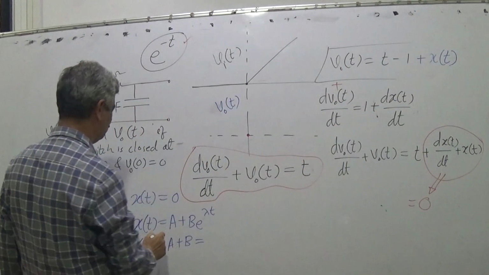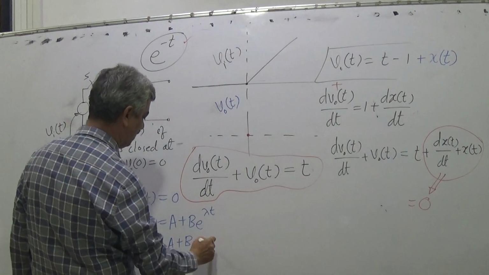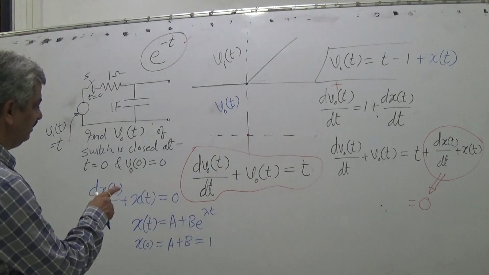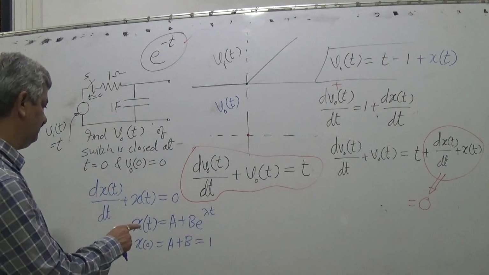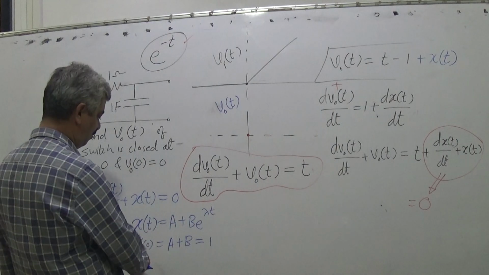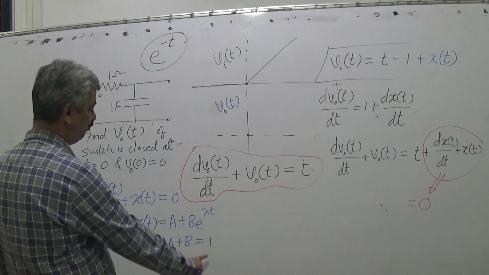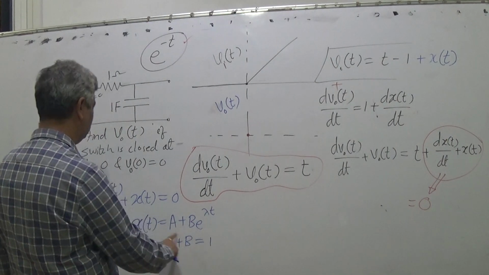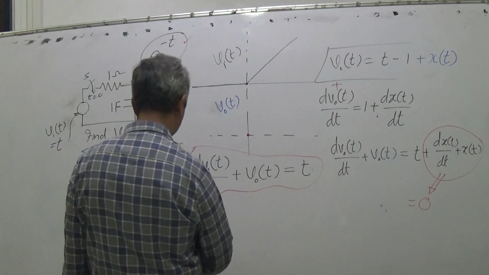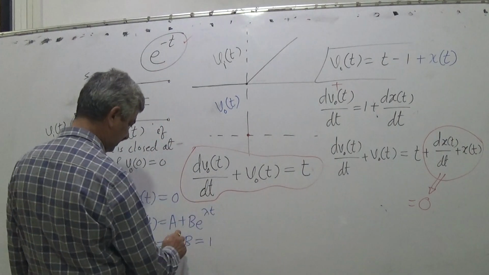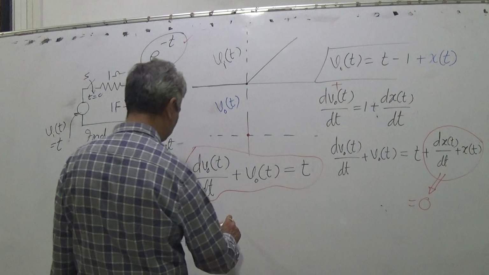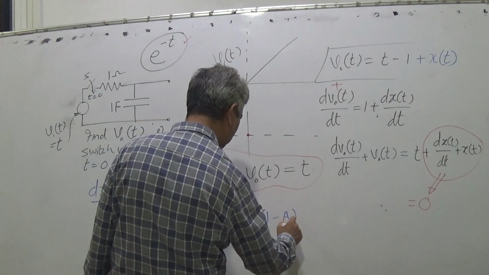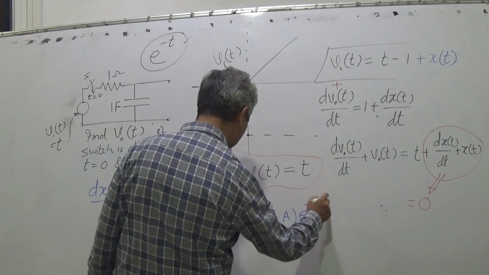So at t equal to 0, a plus b should be equal to 1. You want x0 should be 1. The xt is this. So I can write b as 1 minus a. So that is a plus 1 minus a e raised to minus lambda t.